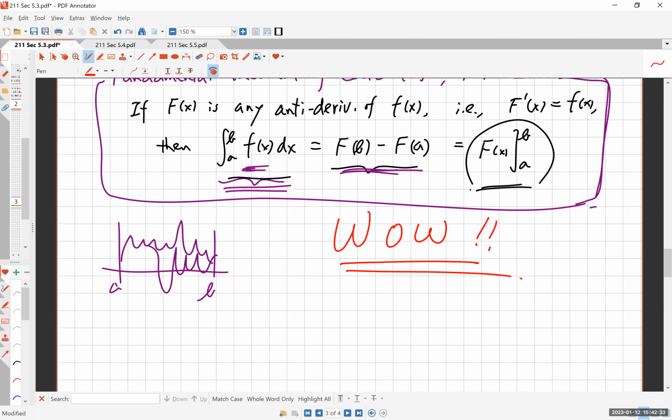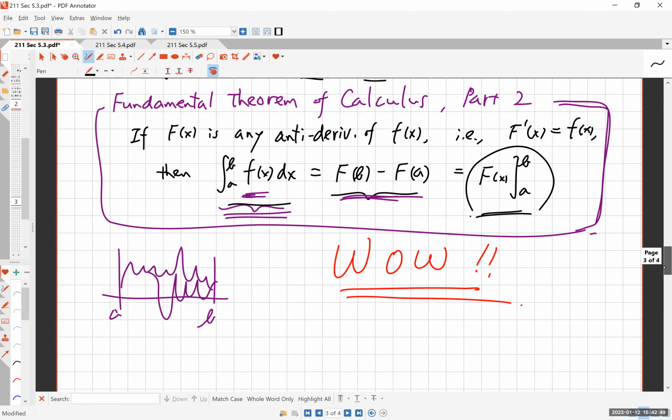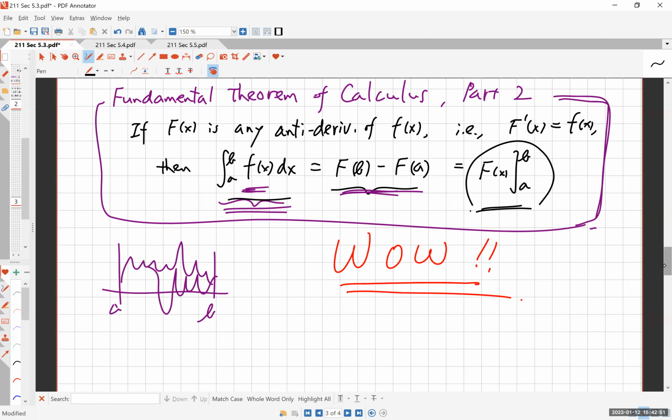Maybe you pause this for a moment, maybe for about an hour, and just digest this. Appreciate the wonder and the power and the intelligence, the creativity that went into proving the fundamental theorem of calculus. And you should just be awed and stand in amazement.